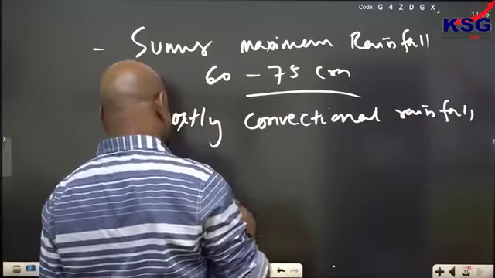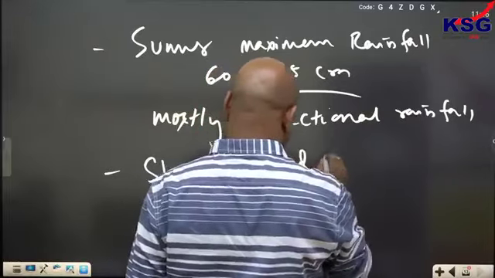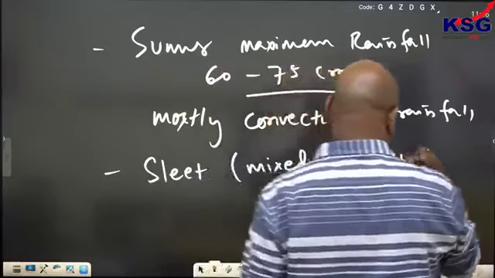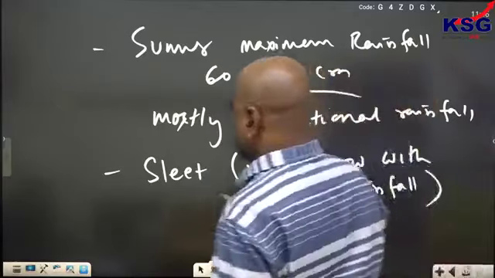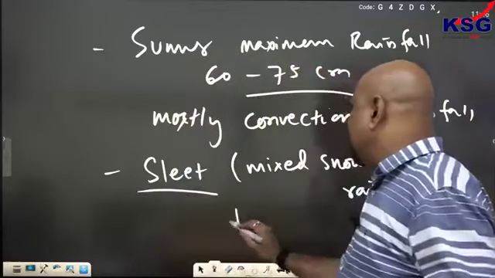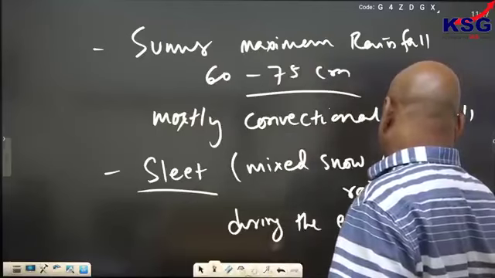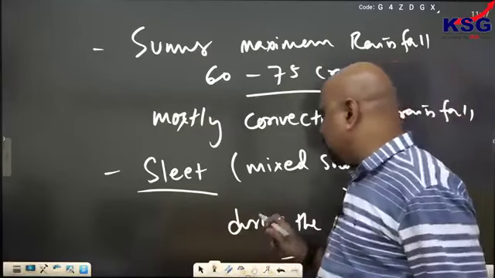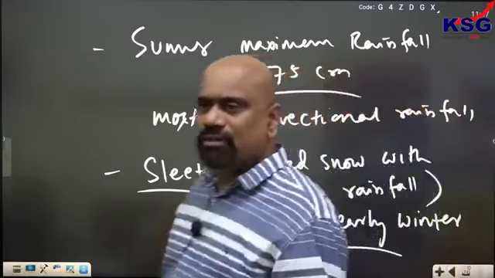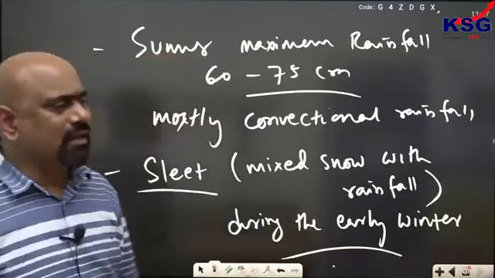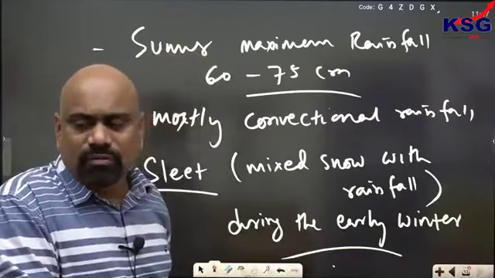Sleet means mixed snow with rainfall. Sleet you will have during the early winter; late winter only snowfall. Among the precipitation, rainfall is there, snowfall is there, sleet. All these three you will get. Sometimes even the temperate cyclone also brings this sleet.